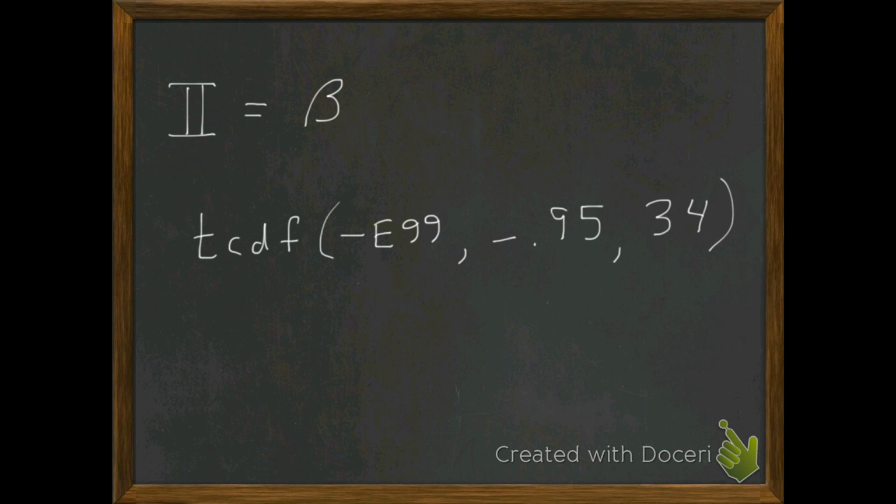Negative E99, negative 0.95, comma 34, and we get 0.1744, which is equivalent to 17.4% of the time you will commit a type 2 error if the true mean is 55 and you're testing the claim that the mean is equal to 50.